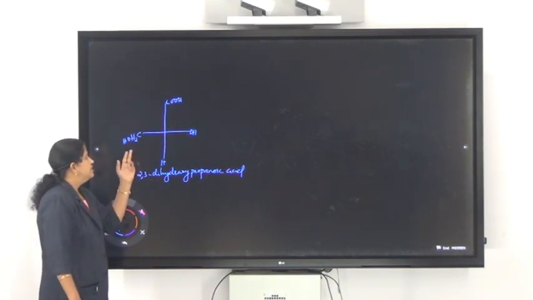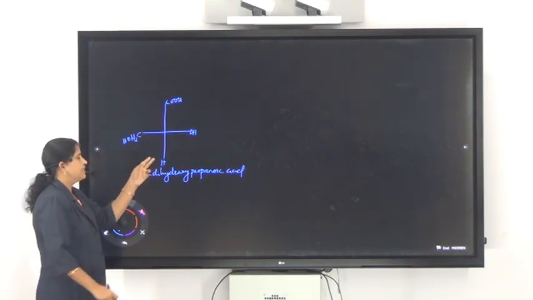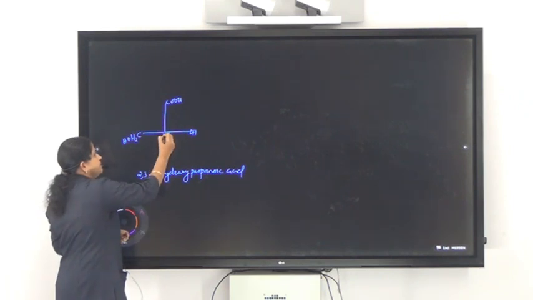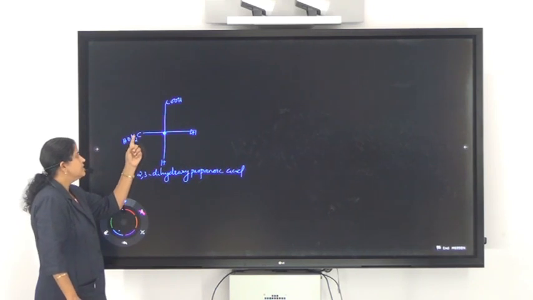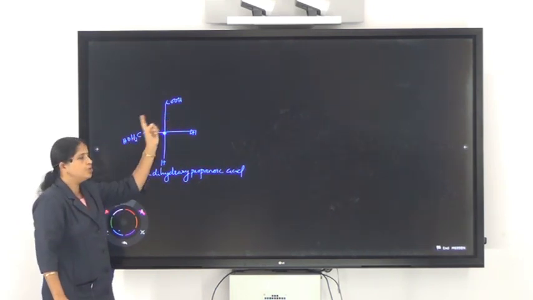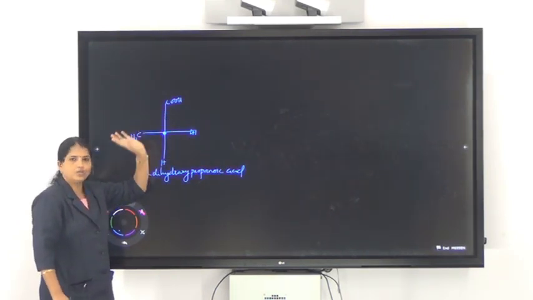Then the 4 different groups attached to the asymmetric carbon, this is the asymmetric carbon, are the CH2OH group, COOH group, hydrogen and hydroxyl group.